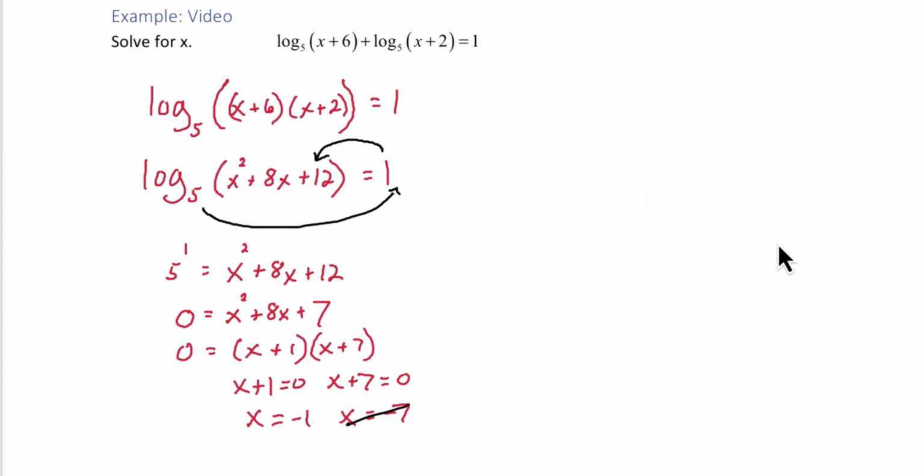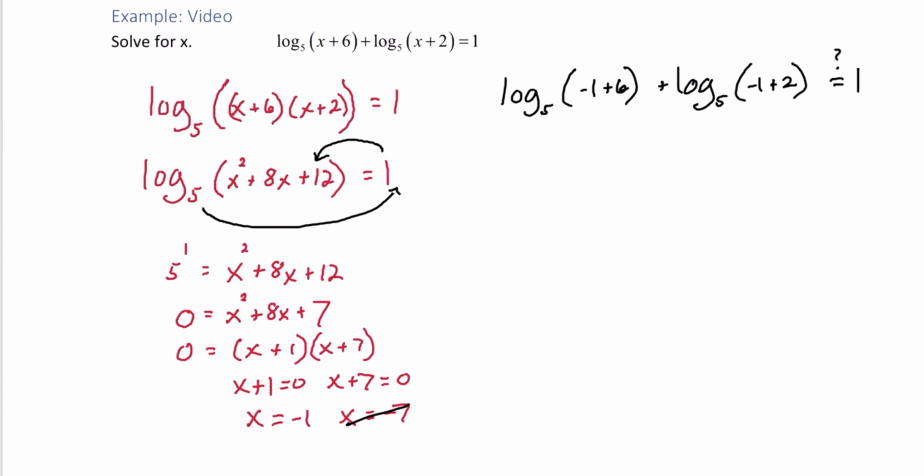We'll toss that one. If we truly wanted to check to see if -1 is correct, we could plug it in and work it out. Log base 5 of -1 plus 6 plus log base 5 of -1 plus 2. We're asking, is that equal to 1? We have log base 5 of 5 plus log base 5 of 1.